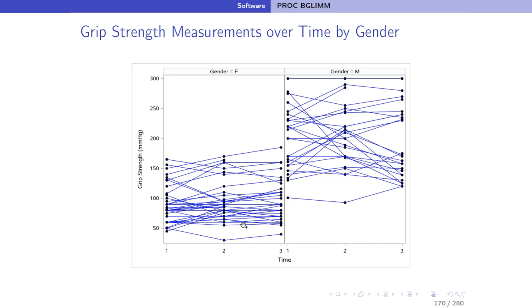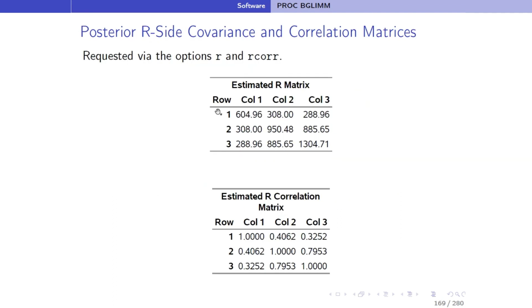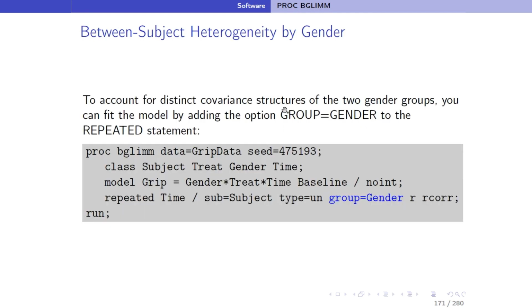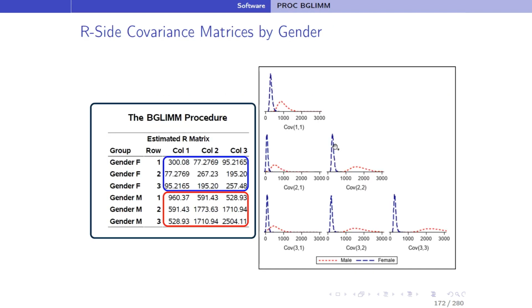Then you can argue that maybe a single residual-side covariance matrix is not sufficient to capture the two groups, so you put in a group equals option, group gender, to say that they each have a different covariance structure. Now for female, you get one covariance matrix represented in blue.